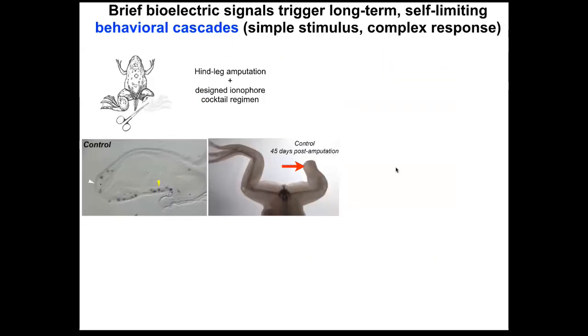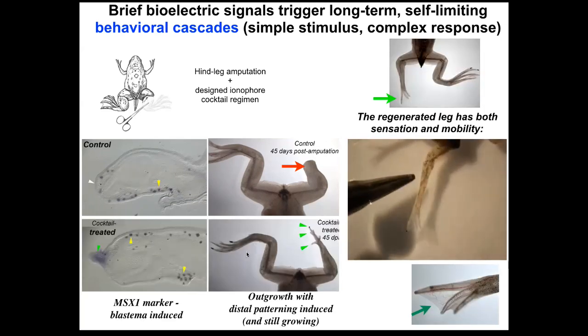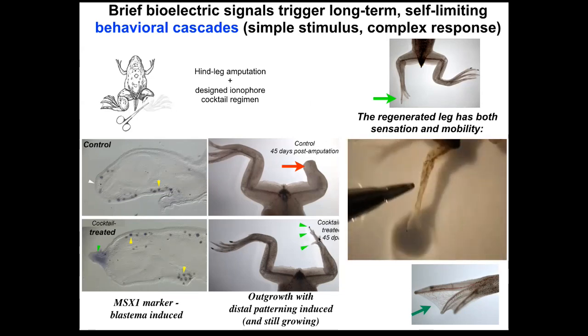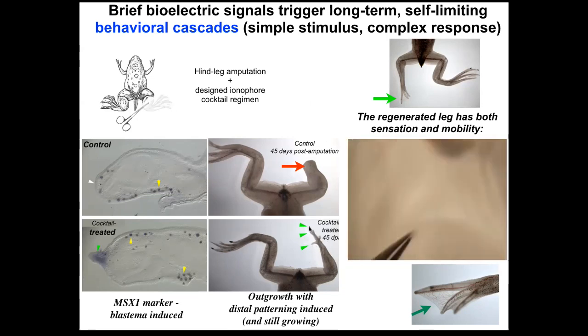We took this into frogs, and frogs, unlike salamanders, do not regenerate their legs. What Kelly showed is that after 24 hours of stimulation, compared to what normal frogs do at this point, you get immediate turn on of pro-regenerative genes such as MSX1. By 45 days, you've already got some toes and a toenail.